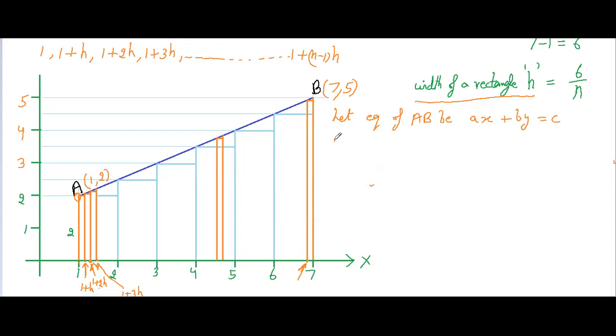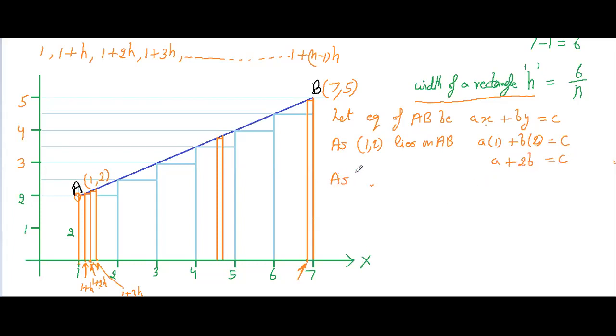As it passes through 1, 2, meaning the point 1, 2 lies on it, we can put x equal to 1, y equal to 2, and we get a plus 2b equal to c.